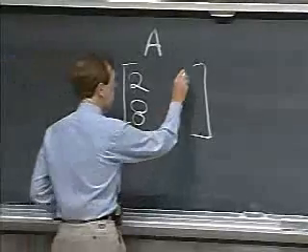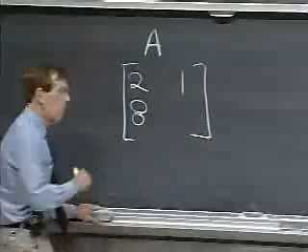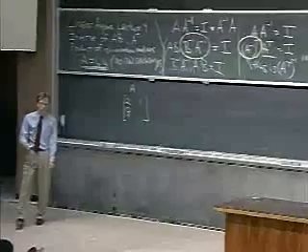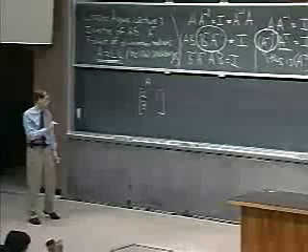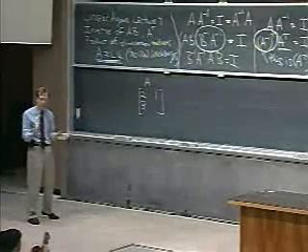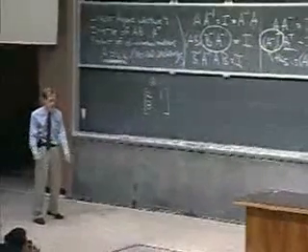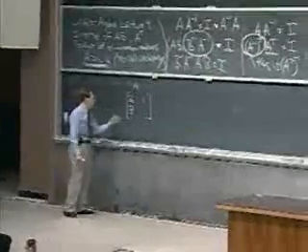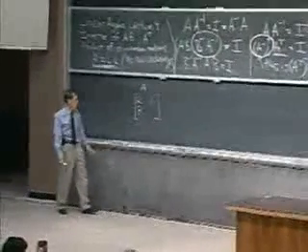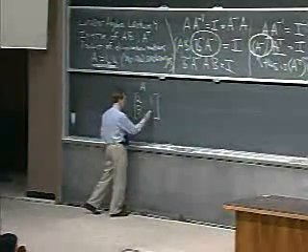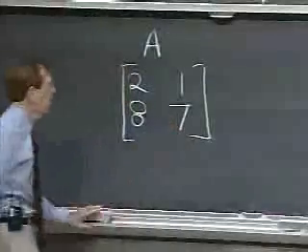And then let me put a 1 here. And what number do I not want to put there? 4. I don't want a 4 there because in that case we wouldn't have a second pivot. The matrix would be singular. So let me put some other number here like 7.